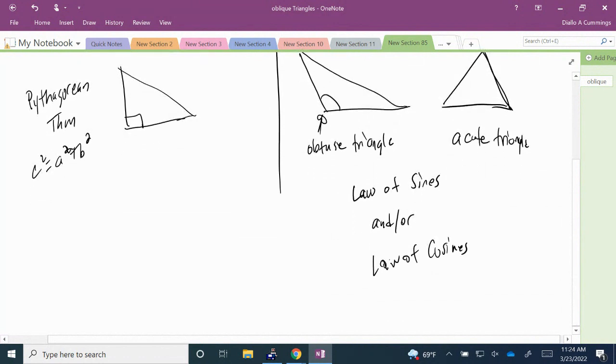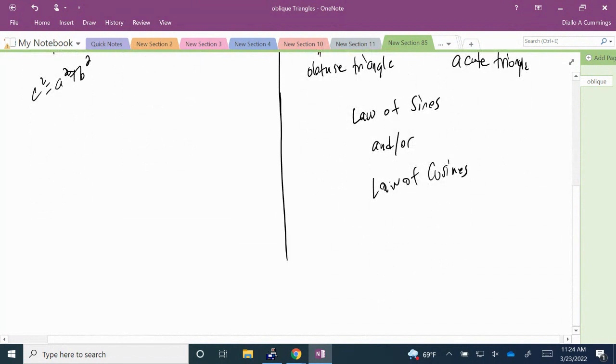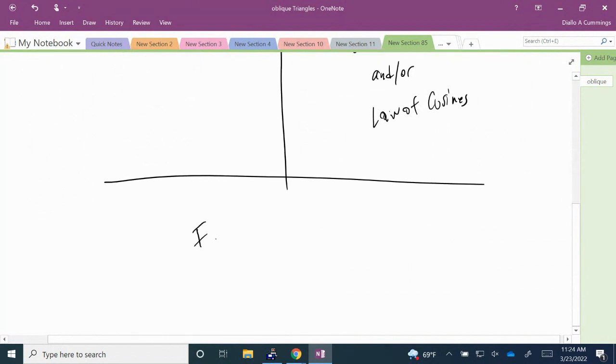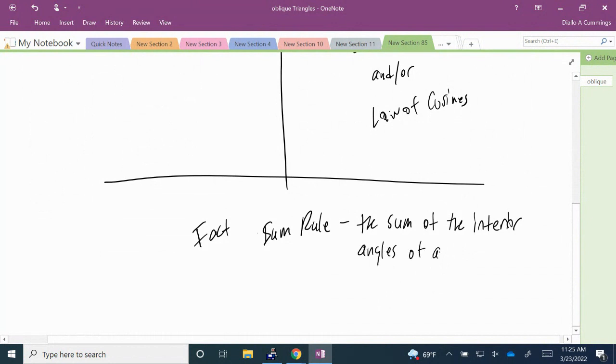However, no matter what triangle you're dealing with, this is a fact that's true for any triangle, whether it's a right triangle or an oblique triangle. And it's called the sum rule. And it says that the sum of the interior angles of any triangle must equal 180 degrees, right?